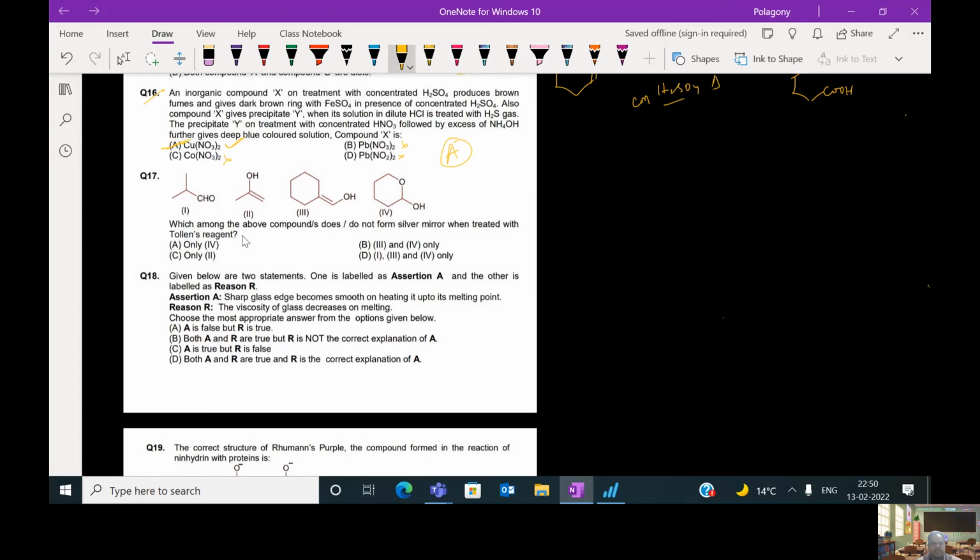Which among the above compounds does not form a silver mirror when treated with Tollens reagent? What is Tollens reagent?